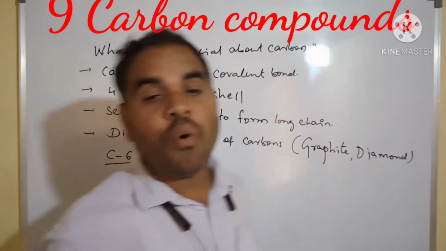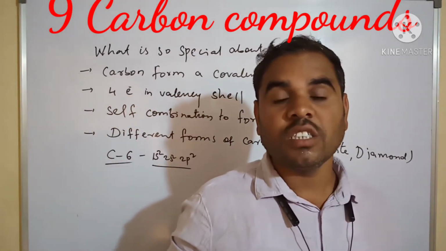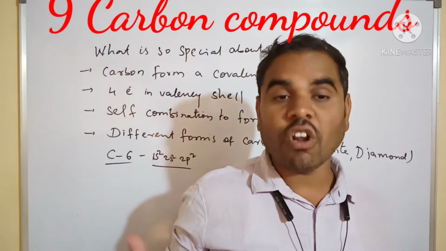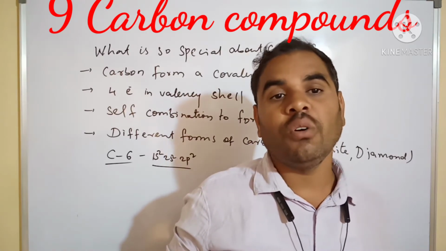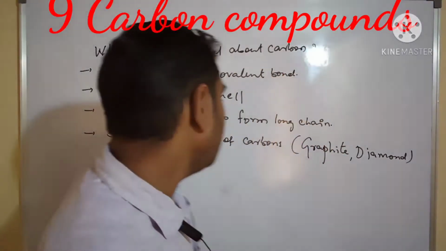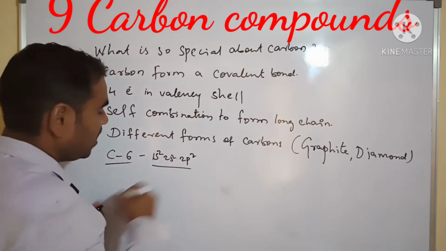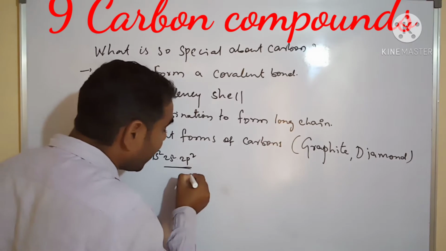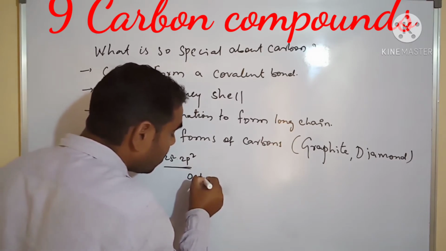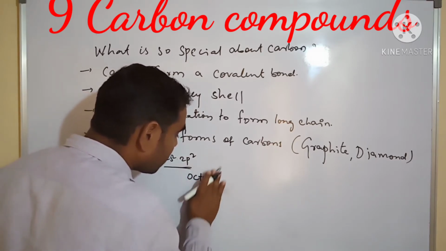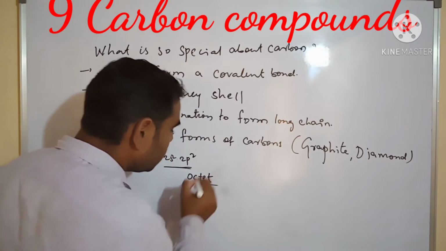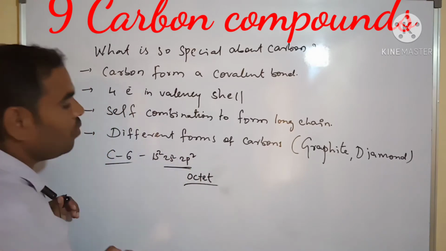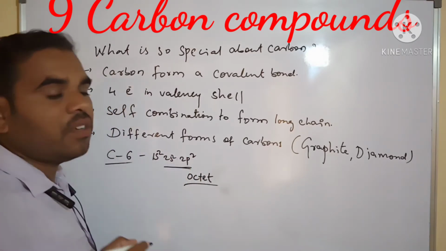Carbon requires 4 electrons to be satisfied and reach the electronic configuration of a zero group element. The outermost shell should have an octet. Here only 4 electrons are there, so it again requires 4.